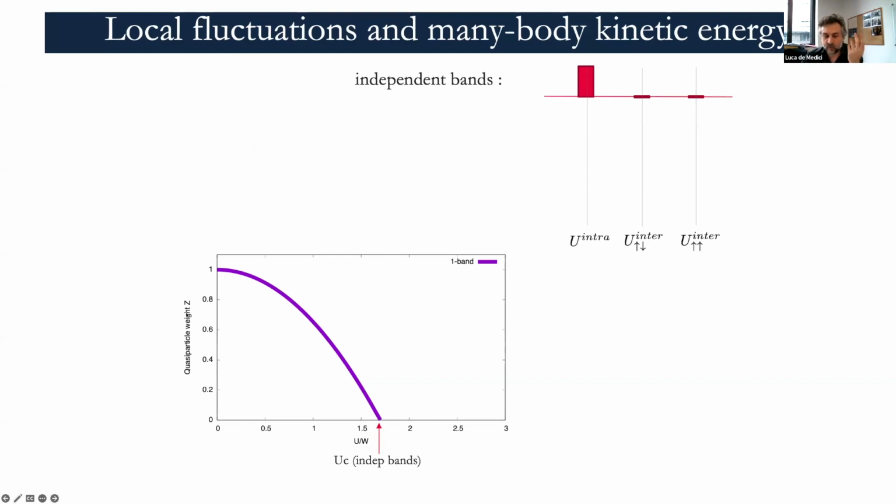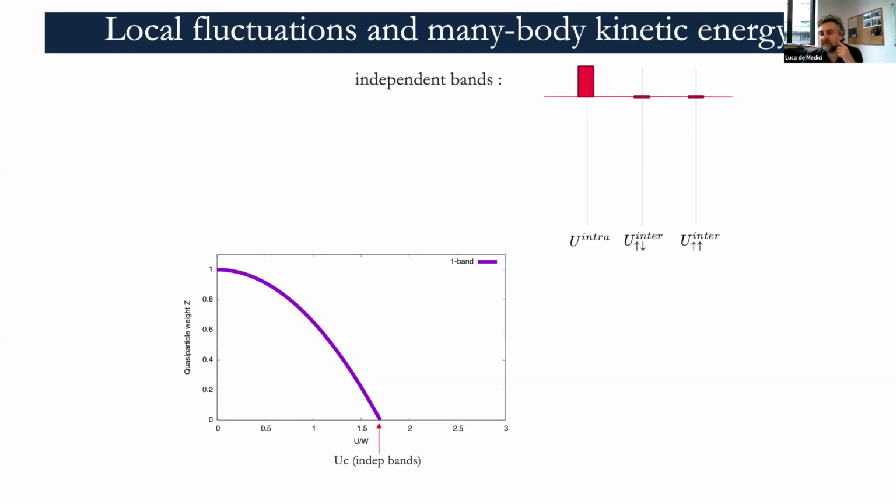The quasi-particle weight diminishes as a function of U, and then at some point vanishes, creating what's known as a Mott insulator. Now you can be tempted to portray this as the competition between the kinetic energy of the band electrons and the repulsion of the electrons when they are found on the same site.